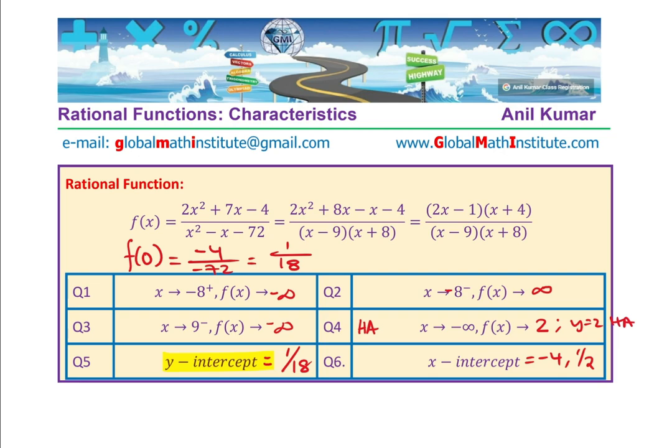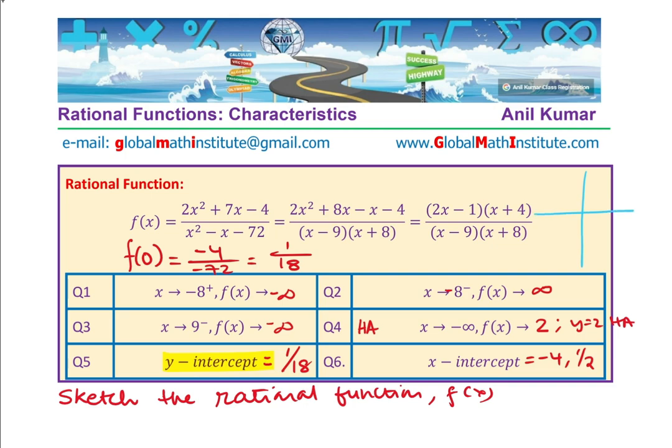So that is how you can summarize everything. Correct. Now, I would like you to sketch the rational function. All the characteristics are given. So overall, you can see how it might look. If I have an axis like this, we have two vertical asymptotes, one at -8, the other one at 9, right?